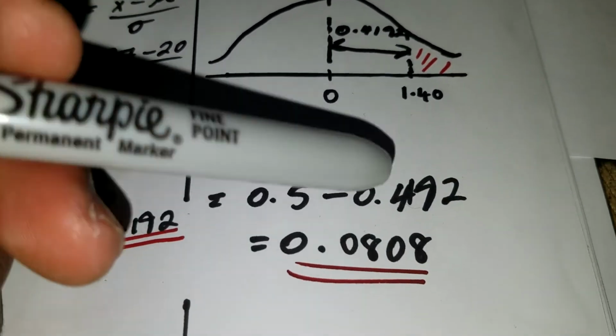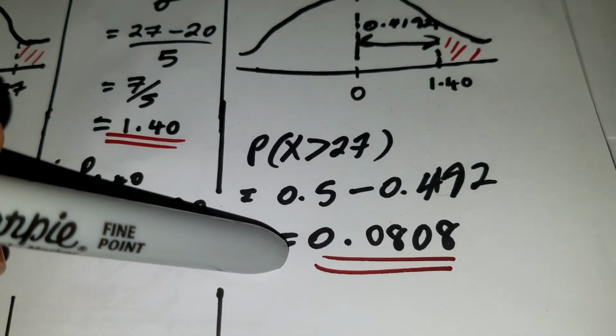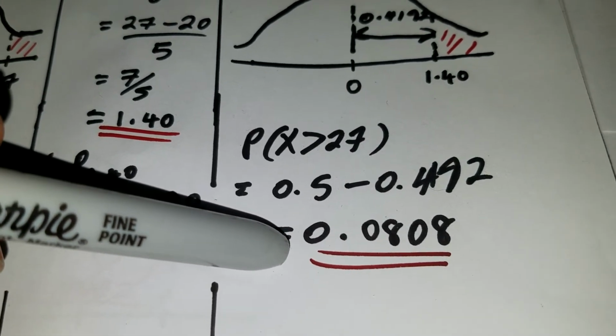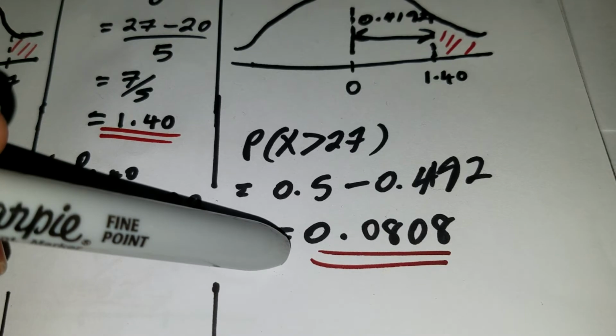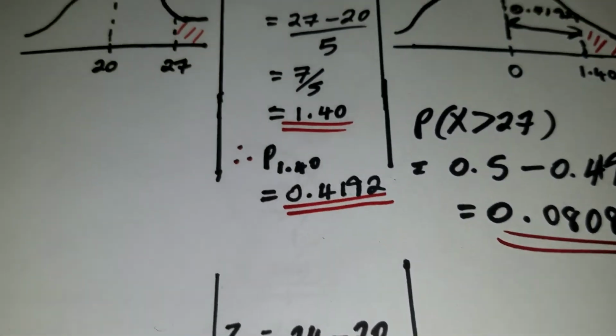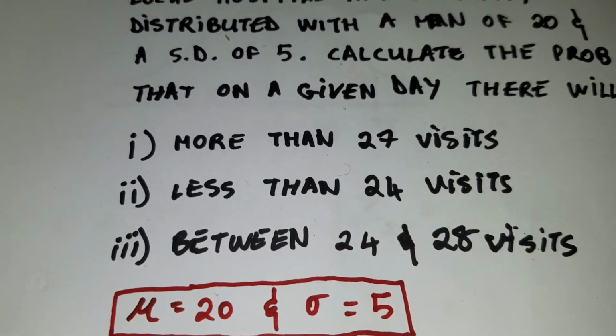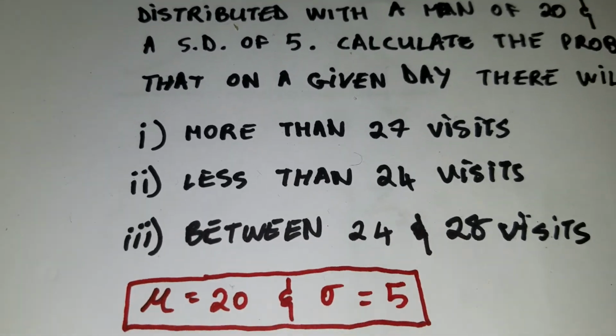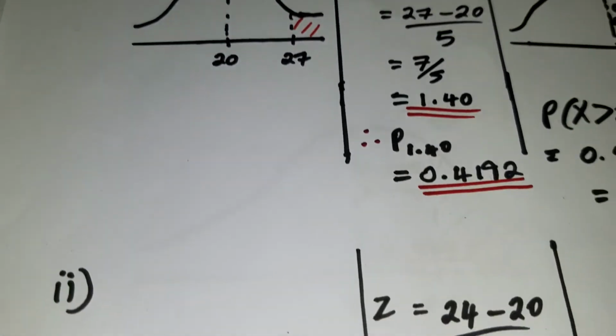Therefore, the probability that x will be greater than 27 is 0.0808.